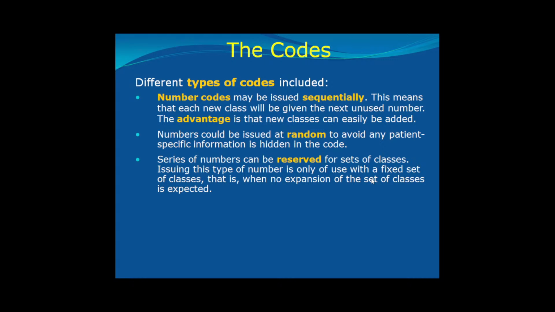Numbers could be issued at random to avoid any patient-specific information being hidden in the code. A series of numbers can be reserved for sets of classes. Issuing this type of number is only of use with a fixed set of classes, that is, when no expansion of the set of classes is expected.